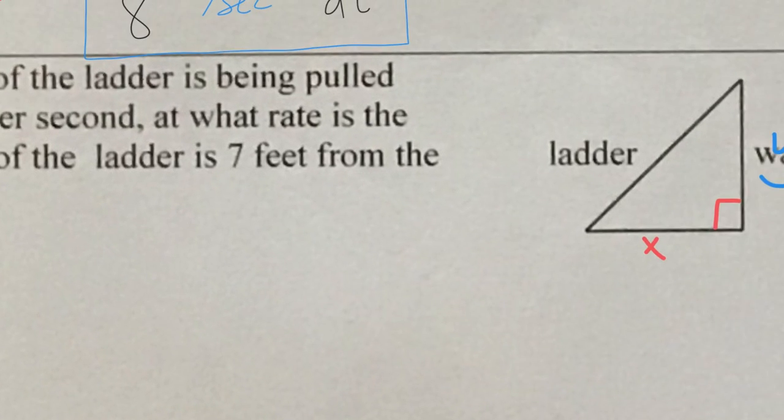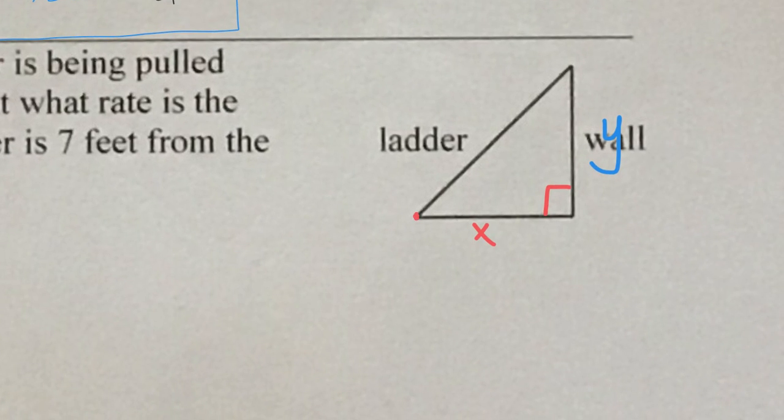If the bottom is being pulled away, that means it's going this direction. And because the ladder is not changing, this is still always going to be a 25-foot ladder. It doesn't change its length. What's going to happen to the top? The top is going to go down, right? So our height is going to be lower at the end, probably.